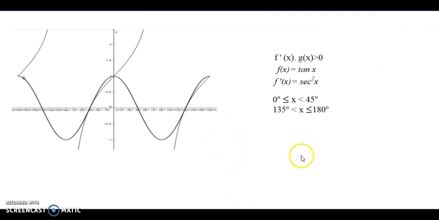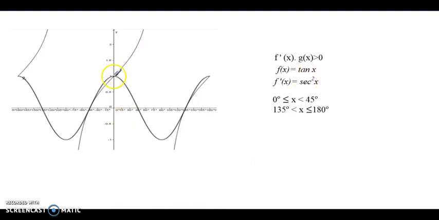I just need to take you one step further here and say twice this question also came in, where they asked where the derivative of the function of f multiplied with the function of g is greater than 0. Now the first thing we need to understand is not that they want to know what is the derivative of the tan, but I need to understand the concept of a derivative.